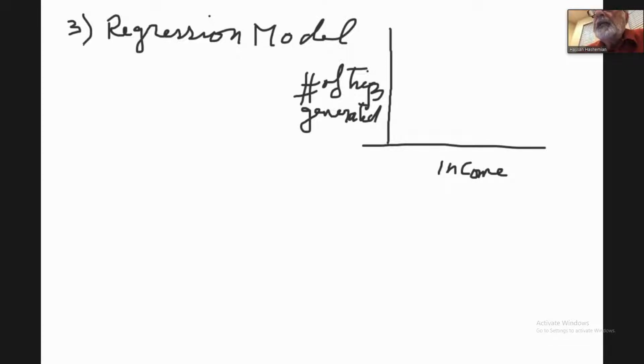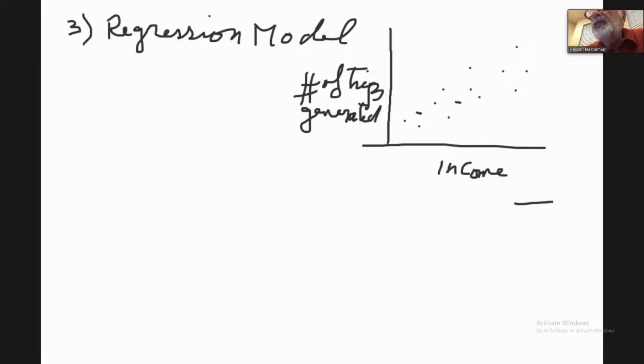So if I go collect the data, I will have different incomes using different numbers of trips.